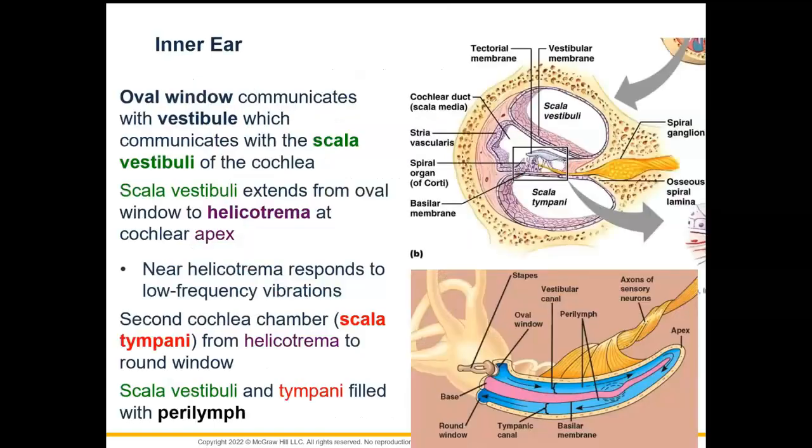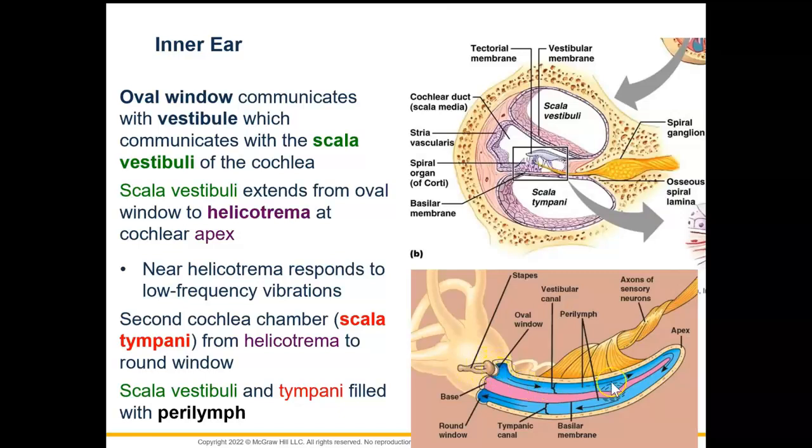Now let's try and put all of this information we've learned so far together. We are going to have vibration of sound waves move through the external auditory canal. That is going to make your tympanic membrane or the eardrum vibrate, so that we can take those sound waves and transmit them through vibrations of the ossicles over to the oval window.